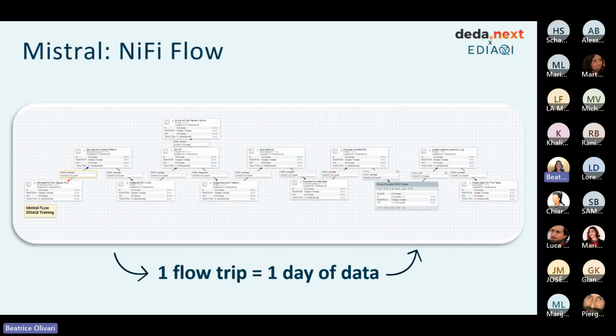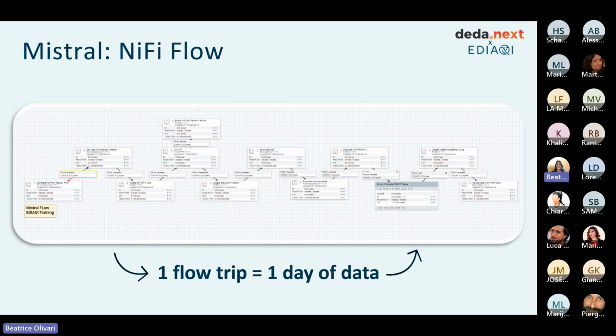And also, for the sake of this example, we will say that every time we start the processor, we will have one flow file, and one flow file will be 1 day of data retrieved, transformed, and loaded.